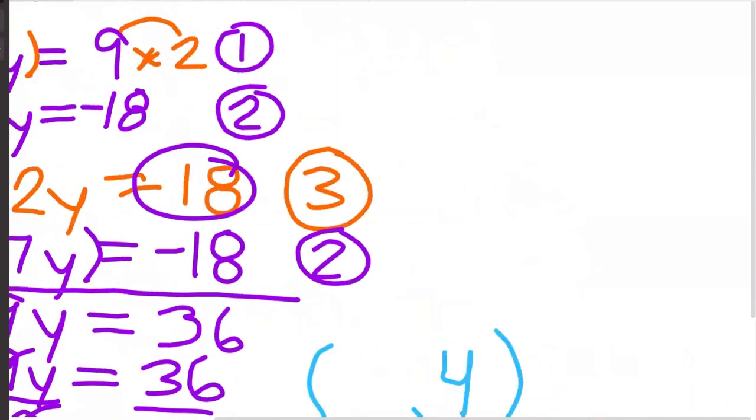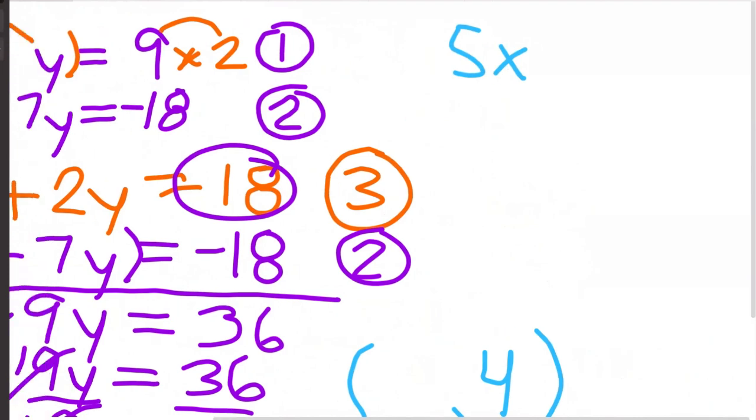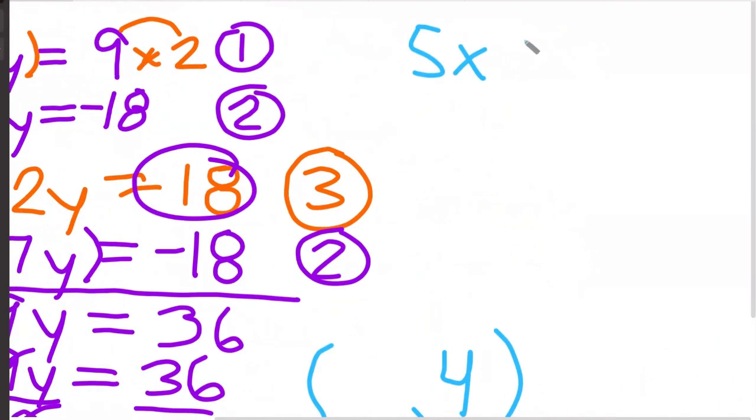Well, let's just use the original equation 1. 5x plus y, so plus 4, because we are substituting 4 in for y, equals 9. So this was the original equation 1, 5x plus y equals 9. We're subbing in 4 for y.